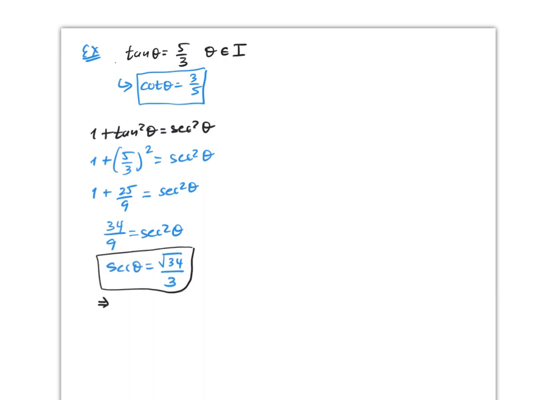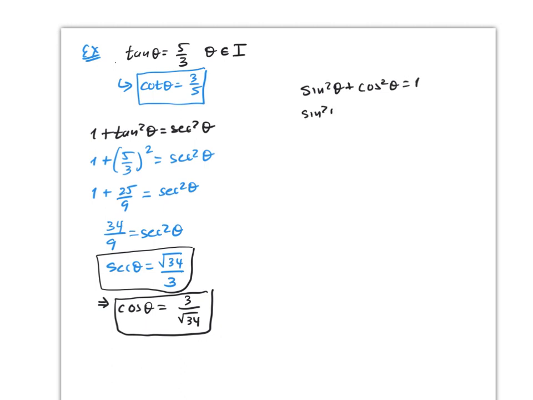So therefore, you now know secant. If you know secant, that means you know cosine. And cosine is going to be 3 over radical 34. Again, remember the reason why everything is positive is because we're in the first quadrant. And then from here, once you know cosine, you can use the identity to find sine. Remember, the first one was sine squared theta plus cosine squared theta equals 1.